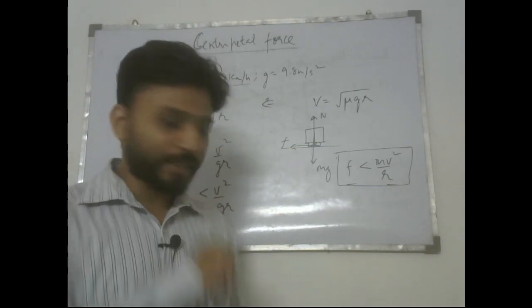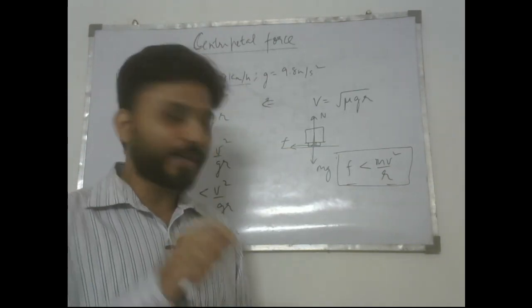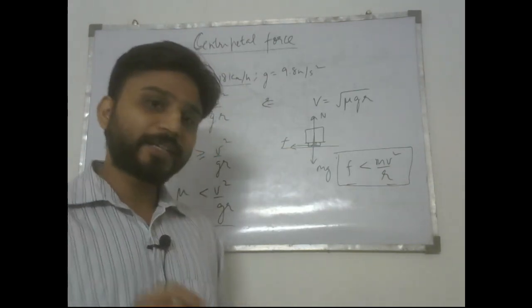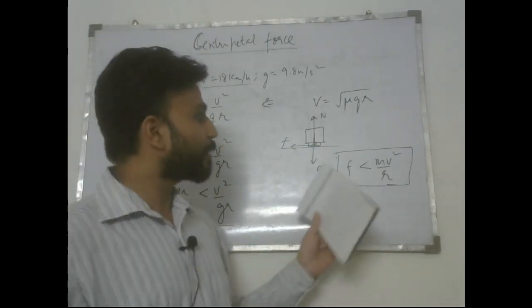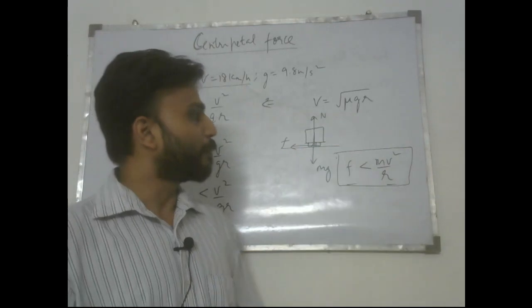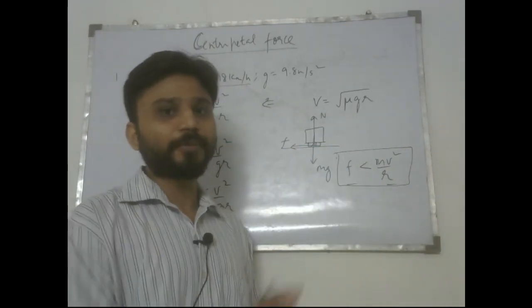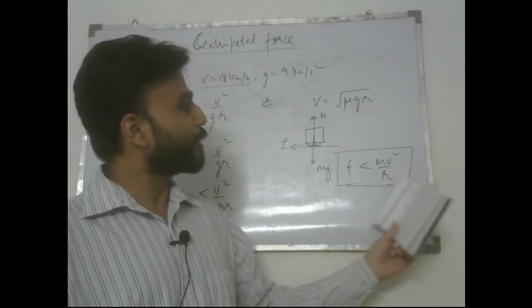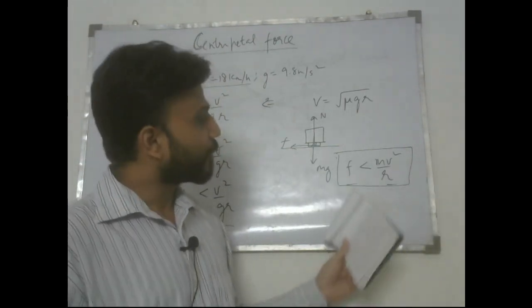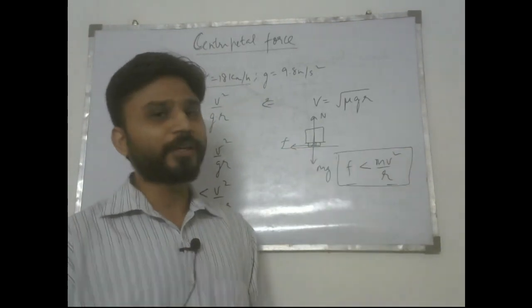But the question says that you have to find the value of mu for which the car slips. If the question was that the car must not slip, then the value of friction should be more than mv square by r. It has to keep the car going in a circular motion. But the car has to slip, right? So the value of friction should be less than what the car requires.